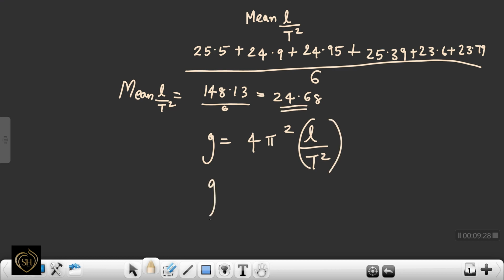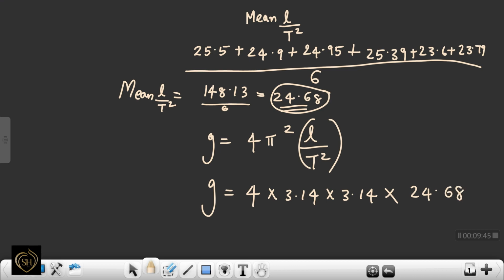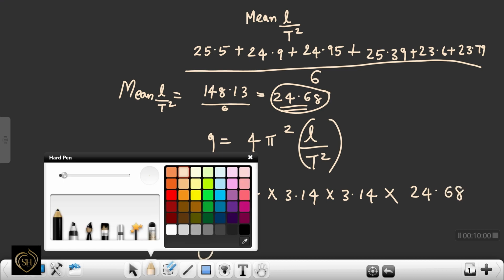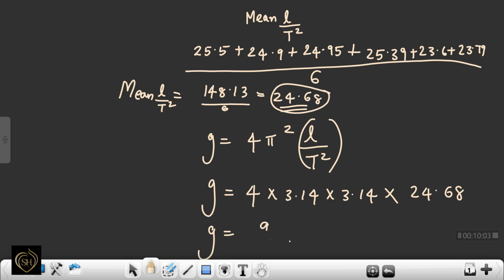That is G is equal to 4 into pi square, that is 3.14 into 3.14 into L by T square. What is the value of mean L by T square? 24.68. Multiply all these values. The value of G is equal to 973.39.